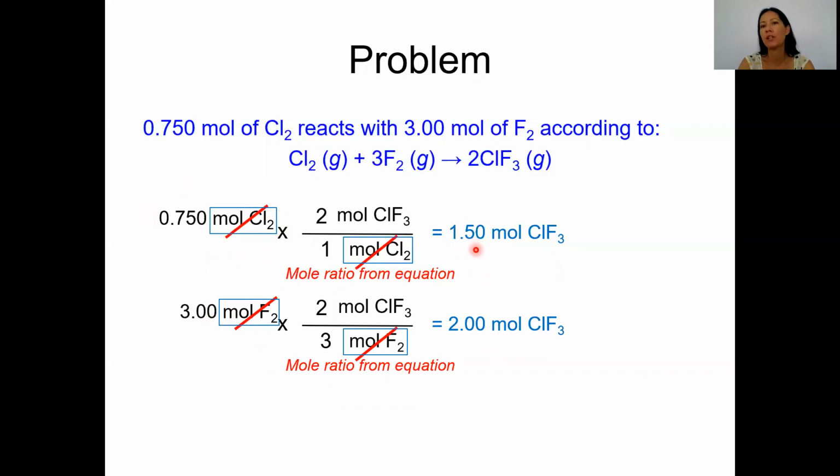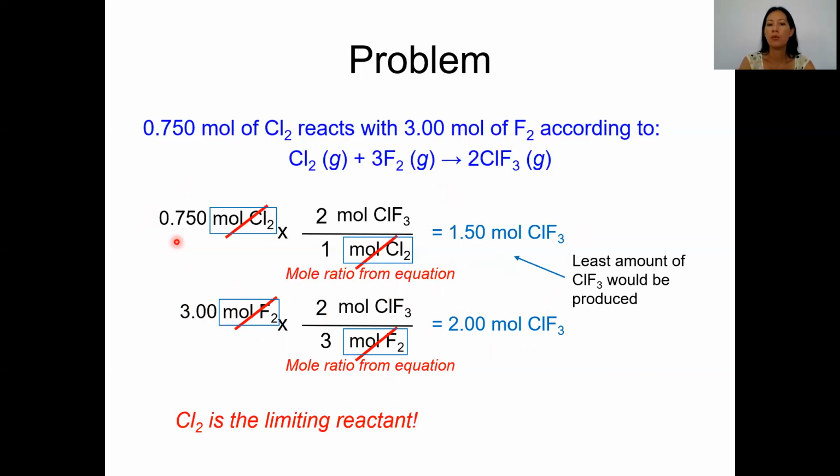You only have enough chlorine to produce 1.5. So the lower equation doesn't even happen. The only thing that can be made, max amount of product to be made, or the theoretical yield, is 1.5 moles. And chlorine is a limiting reactant. So you could scratch this out. This doesn't even happen.